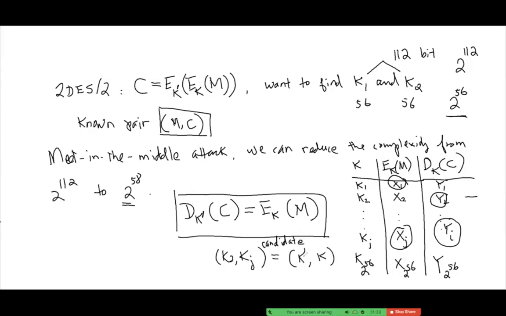So if this is unique, then we are done. We found K prime and K, which is K2 is K prime, Kj is K. But the situation would be that there are so many such candidates, okay?